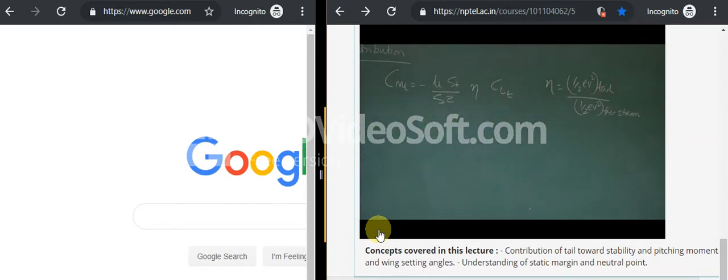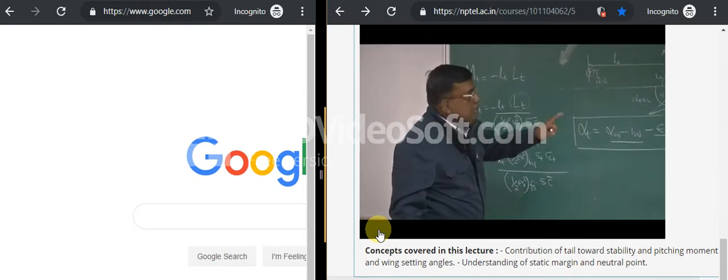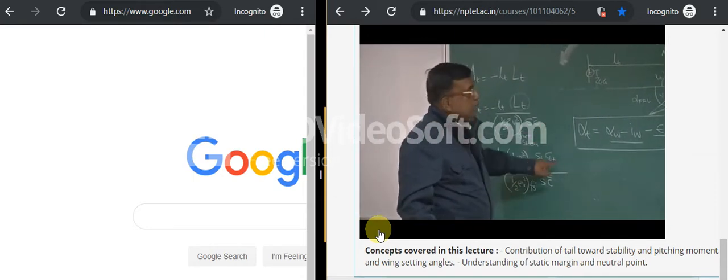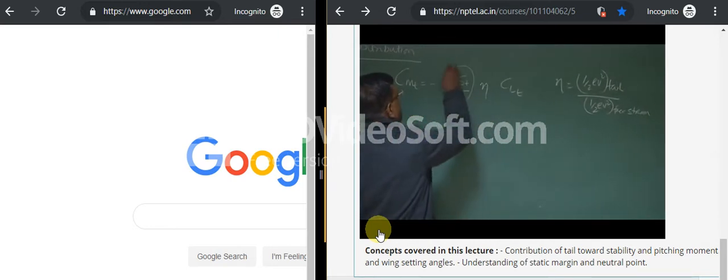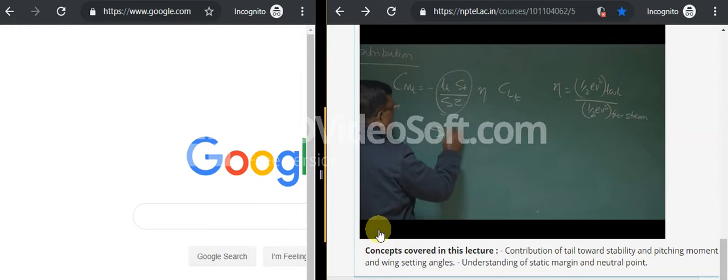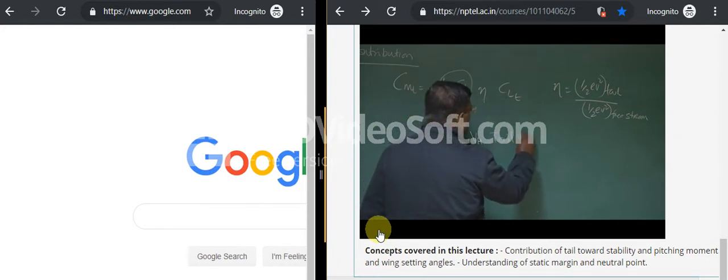And you could see ST, LT, S C bar has been separated out. This is neta into CLT. And what is this? ST, LT by S C bar. This is a pretty popular parameter called tail volume ratio. Okay. Tail volume ratio.